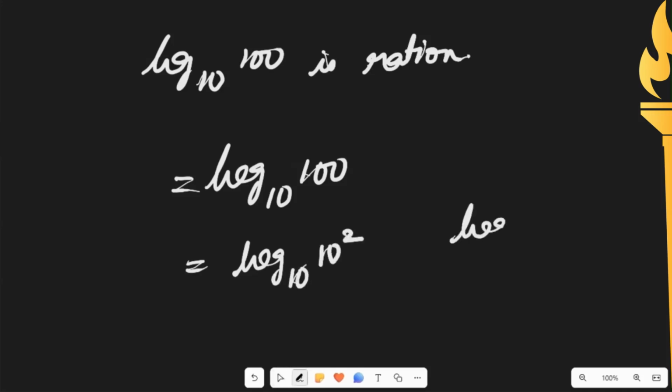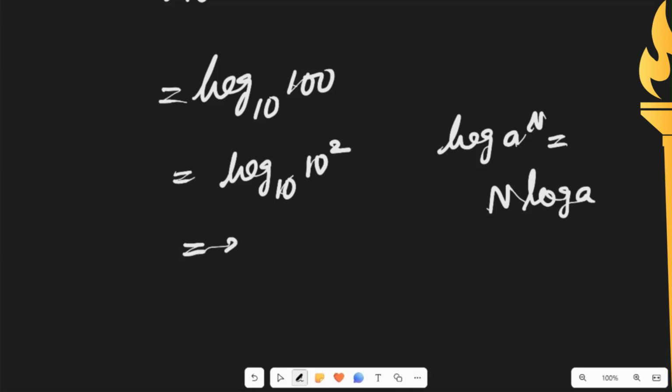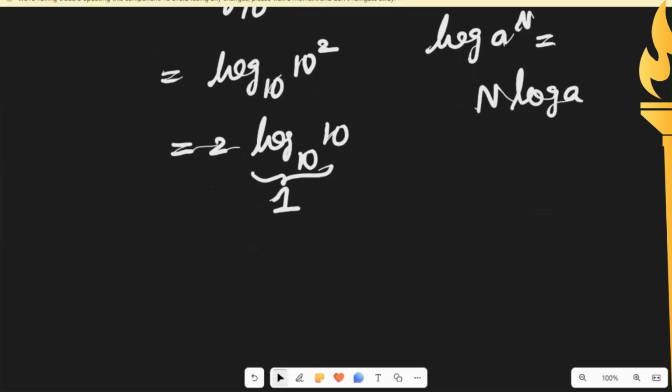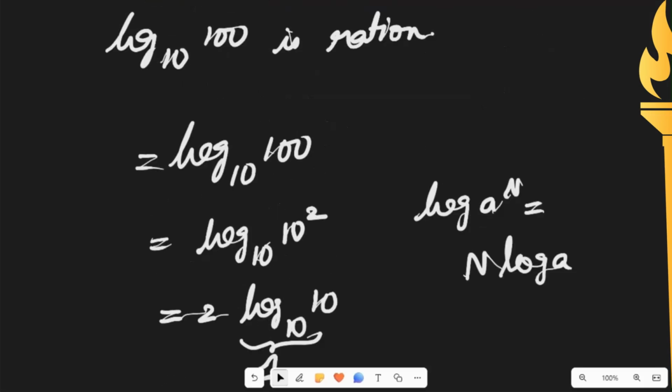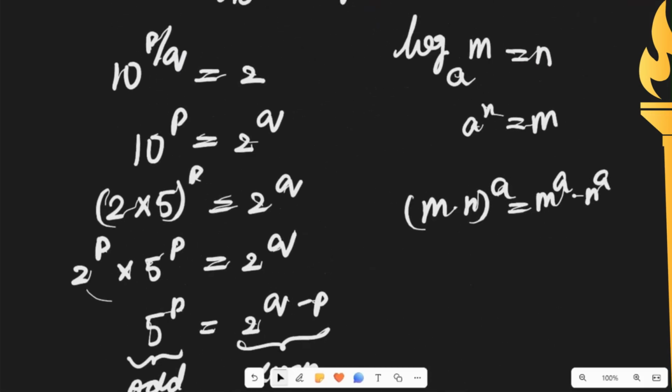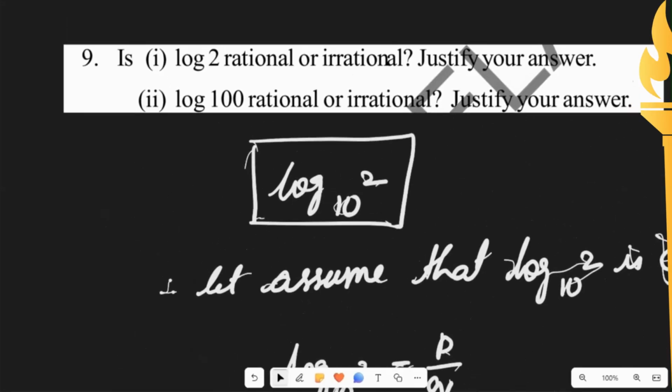So we have log a power n is equal to n log a. We can write it as 2 into log 10 base 10. Log 10 base 10 is actually equal to 1. Therefore, we have the answer as 2. So log 2 is irrational, and log 100 is rational.